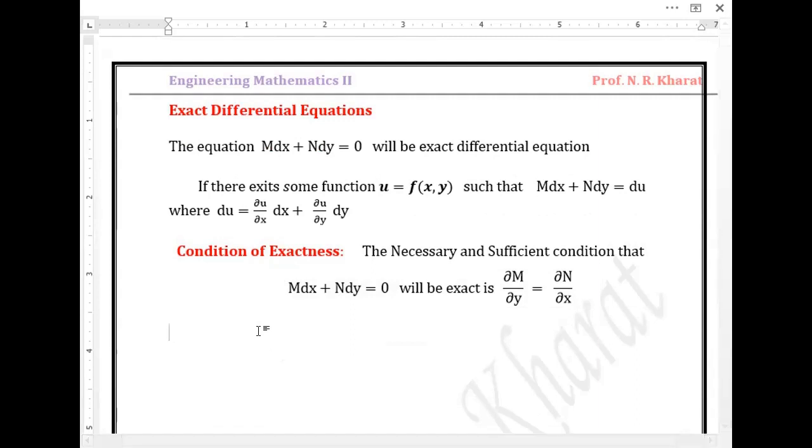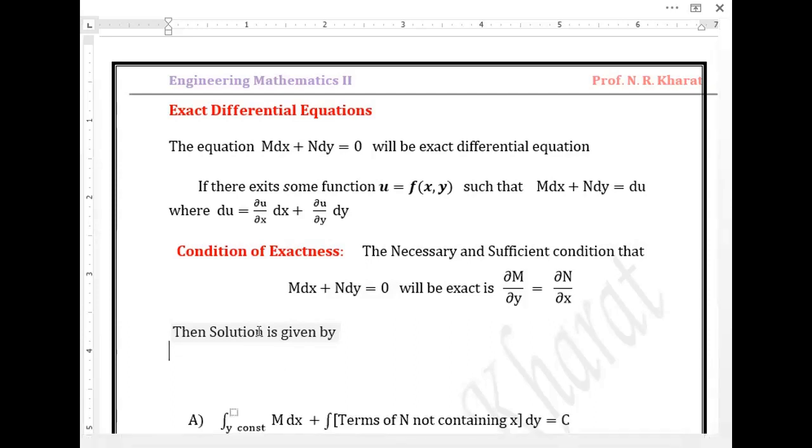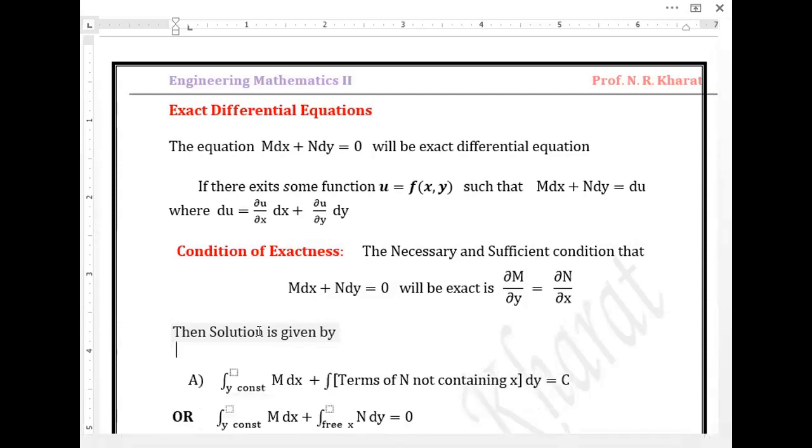If the differential equation is exact, then how do we find the solution? There are two different rules to find the solution of the exact differential equation, and we can use any one of them. Rule number one is that we have to integrate M with respect to x, keeping y as a constant.